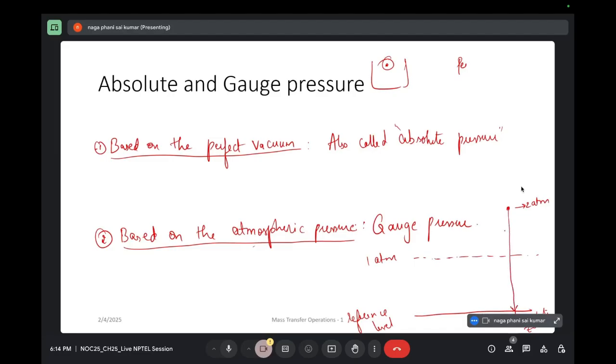If it is measured from absolute zero, that is, from perfect vacuum, this is called absolute pressure. But if you calculate this with respect to the atmospheric pressure, this is going to be gauge pressure.